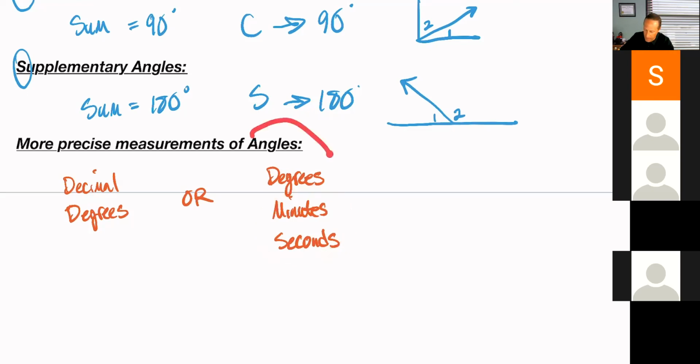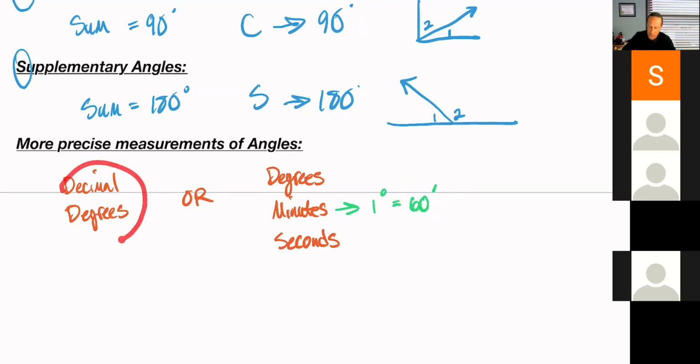Well, the only difference with angles in these is that we need to know that 1 degree you can get by creating 60 minutes. So we're just going to take 1 degree, which if we took a whole 360-degree circle and cut it into 1/360th, a tiny little slice. Well, now we're going to take that tiny little slice and cut that into 60 parts. And that's what we call a minute.